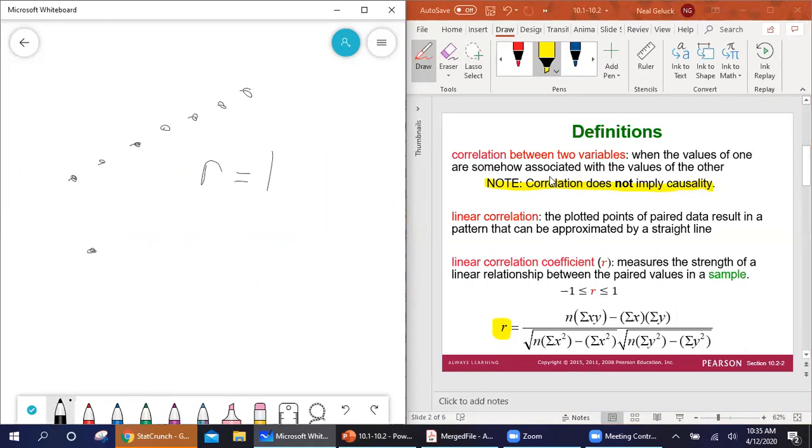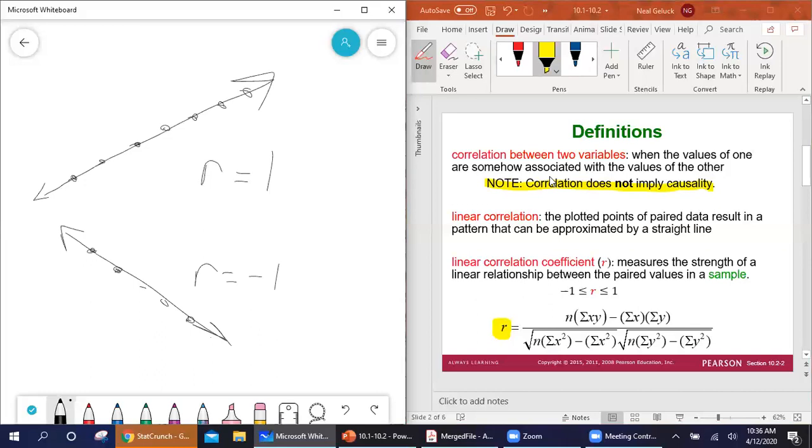Vice versa, if my data points are in a perfect line going downhill, that's still a perfect correlation. It's a perfect correlation of -1. So -1's not bad here. -1 still means linear. It just means downhill. +1 means linear uphill. Pretty much most data will not fall perfectly in line. It's going to be somewhere in between.